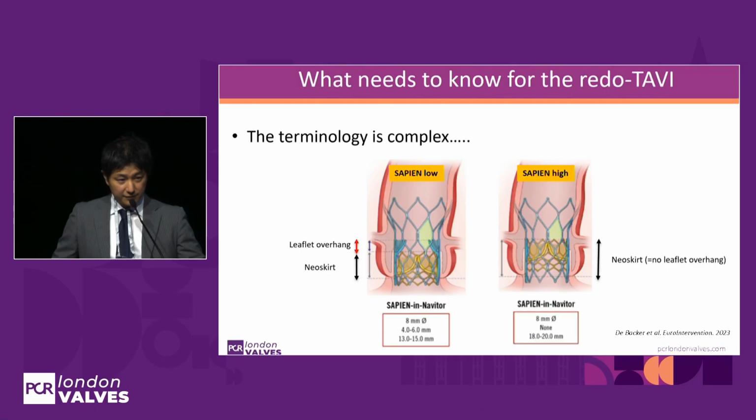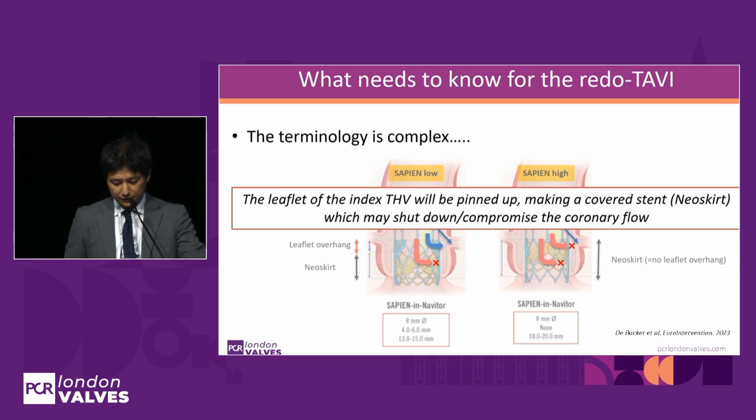Thank you. When we talk about redo TAVI feasibility, the terminology is complex. So let's keep it simple. What will happen after the redo TAVI is the leaflet of the index TAVI THV will be pinned up, making a covered stent or tube. We call it neoskirt, which may shut down or compromise the coronary flow. This will be a main issue.